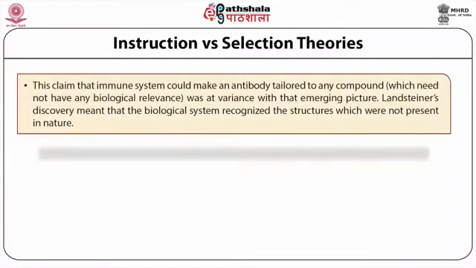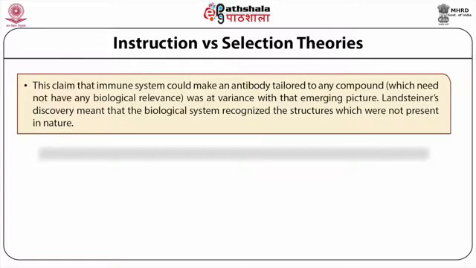The claim that the immune system could make an antibody tailored to any compound, which need not have any biological relevance, was at variance with that emerging picture. Landsteiner's discovery meant that the biological system recognized structures which were not present in nature.